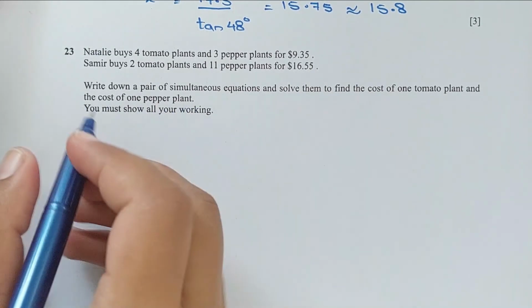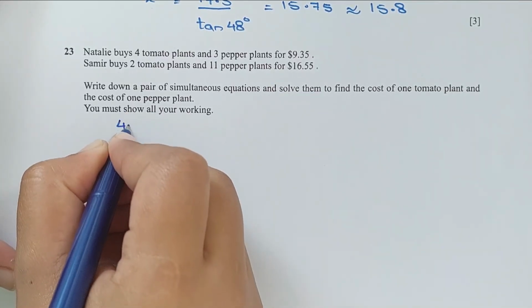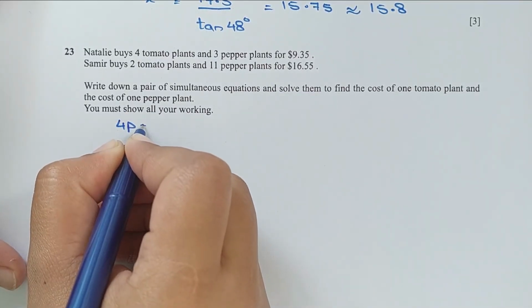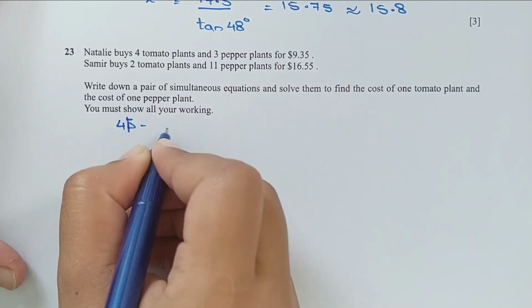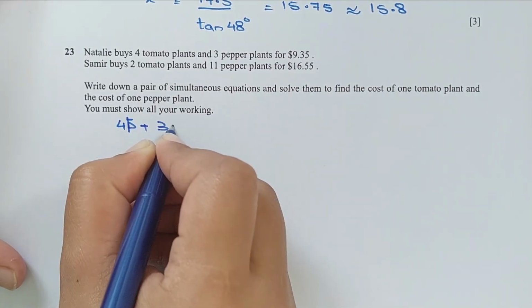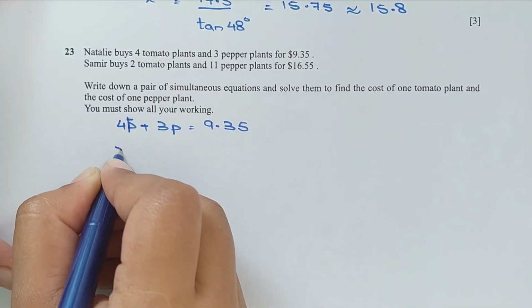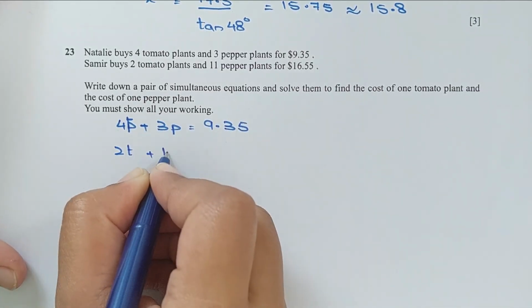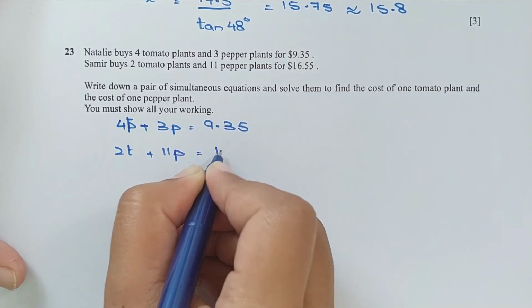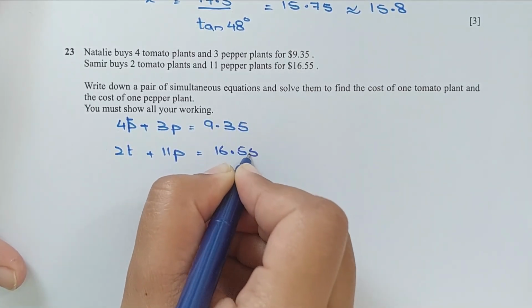You must show all your working. So the two equations are 4t plus 3p equals 9.35, and 2t plus 11p equals 16.55.